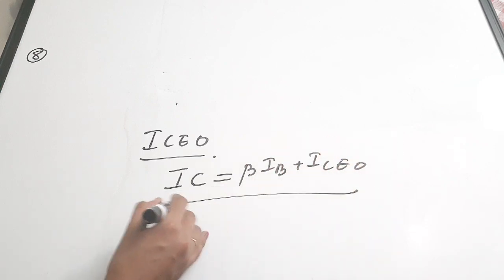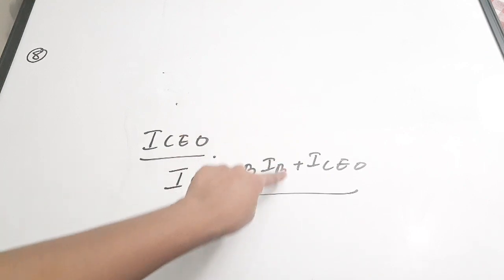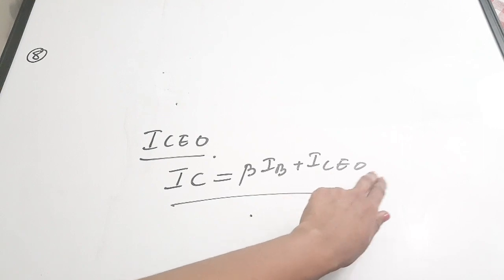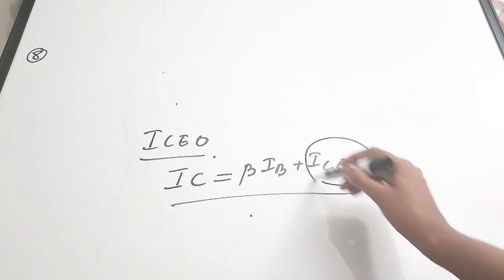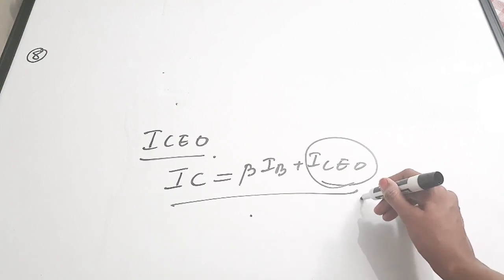This is the relation. Even when the current IB is equal to 0, there will be some minority current ICEO, and that constitutes the total collector current. So the question is asking about the small amount of current, which is nothing but ICEO. The correct answer is option C.